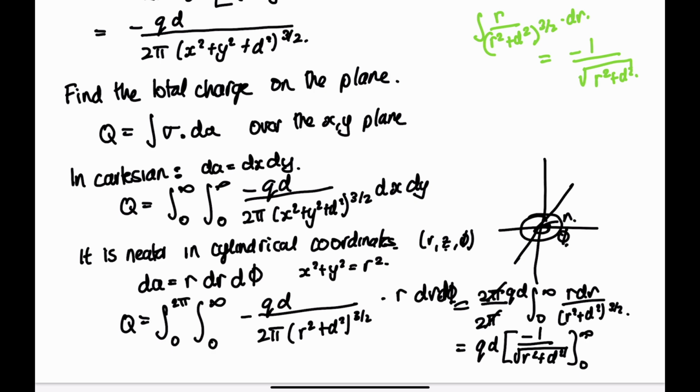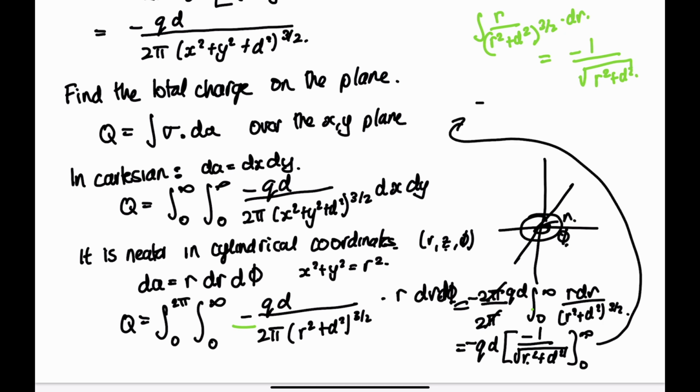When we put infinity in here for r, we end up with 1 divided by infinity, and that is 0. I've just noticed that I dropped my negative sign. It was there, and I've left it out on this line. So we still need that negative sign there. Let's do it up here.